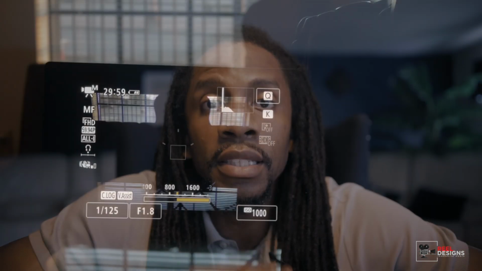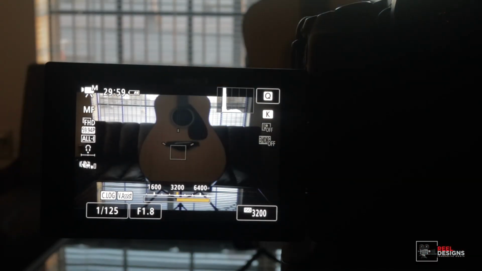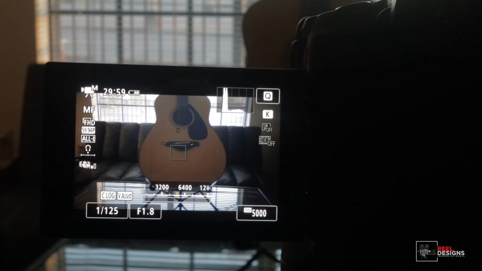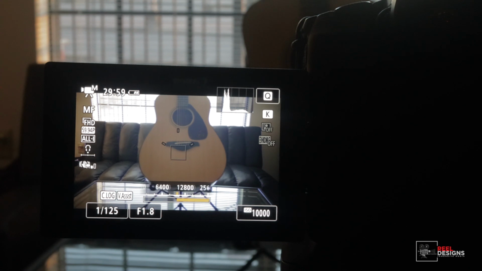Okay. The last component is ISO. It controls the brightness or the exposure in the video by increasing or decreasing the sensitivity of your camera sensor to light. But it also can control how much grain or noise is present in your video. Indoors, you usually have to increase your ISO.